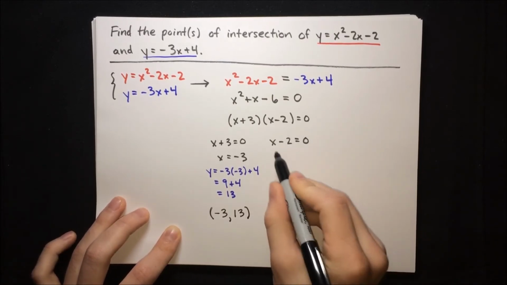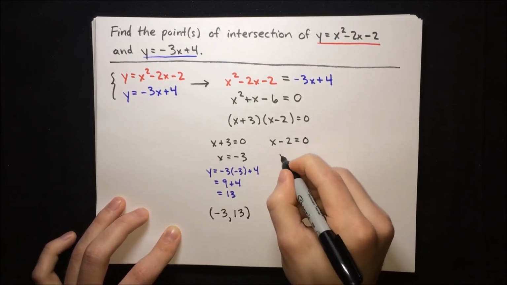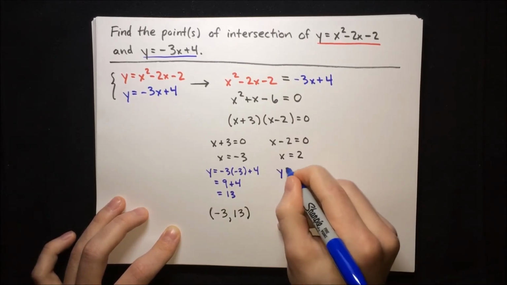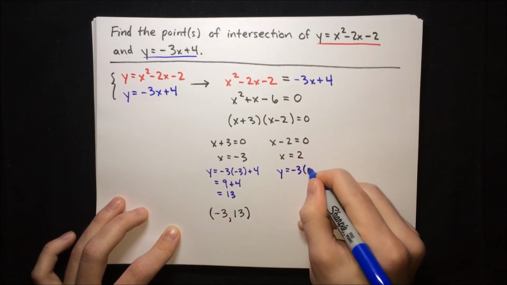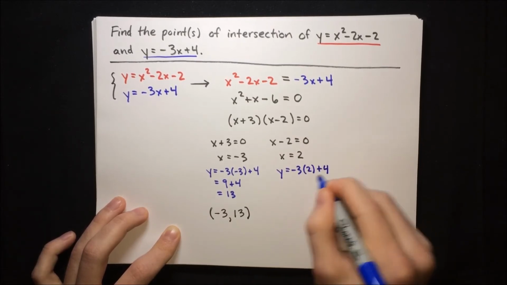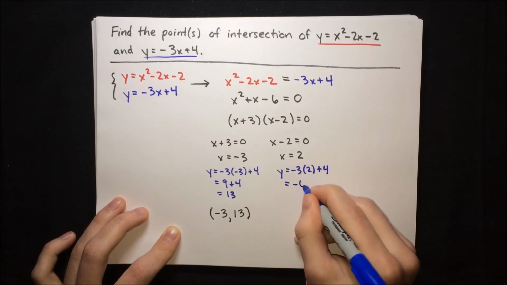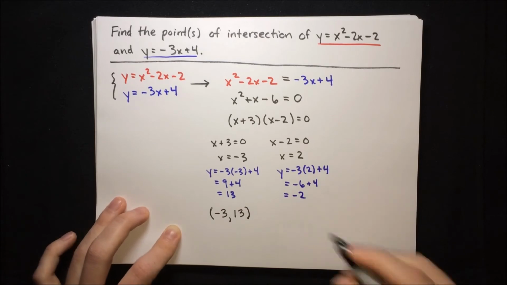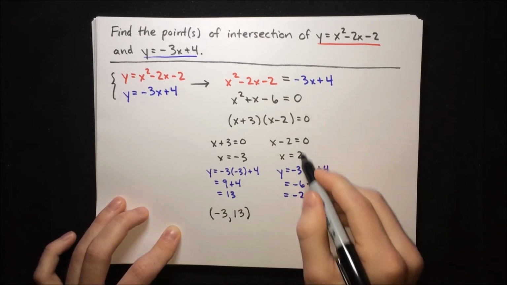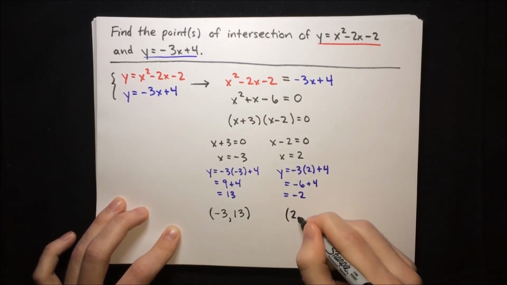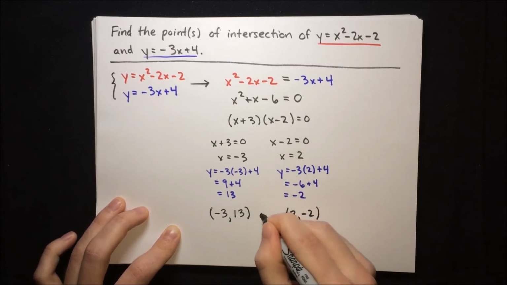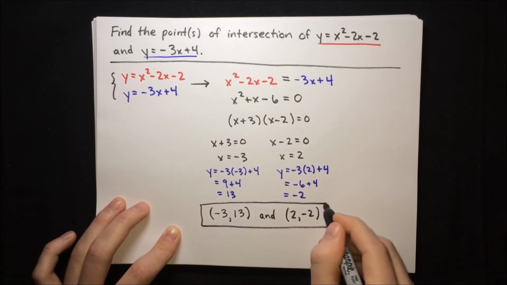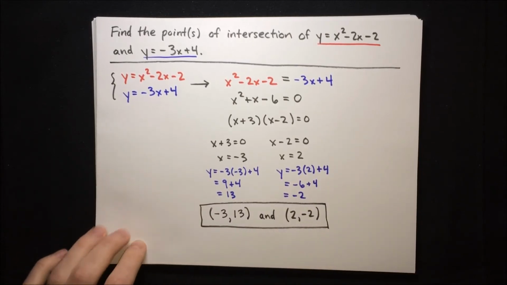And then for this case, if x minus 2 equals 0, then x equals 2, which means that y equals negative 3 times 2 plus 4, which equals negative 6 plus 4, which equals negative 2. So the point corresponding to this solution is (2, negative 2). So these are the 2 points of intersection of the parabola and the line.